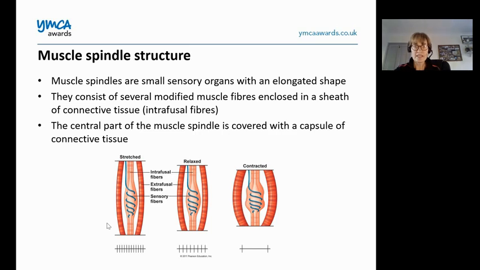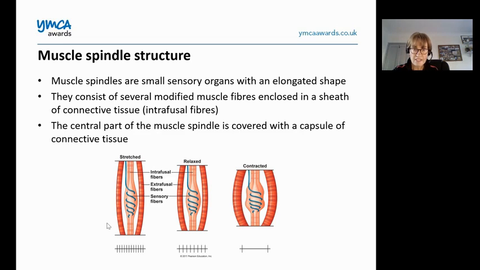So a little bit more detail now about what muscle spindle structures actually look like. These are small sensory organs and they're quite elongated. You get several muscle fibers contained within a sheath, and they're called intrafusal fibers.